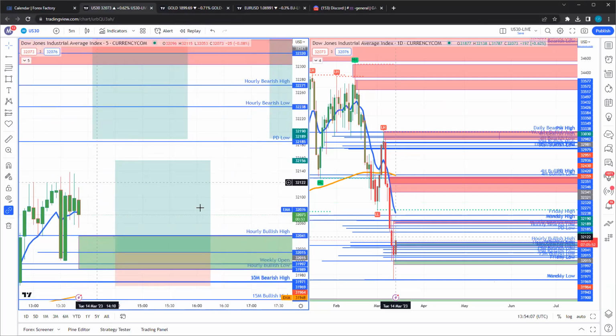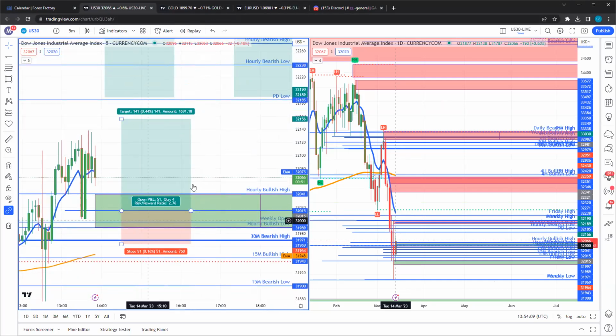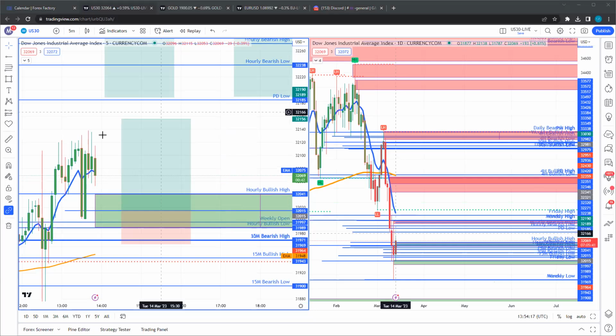So these are the pending orders for US 30. This buy for me is not a pending order. It's more of a market execution order. So let's wait for US 30 to come down here, and then I'll do GJ after I'm done analyzing these pairs.